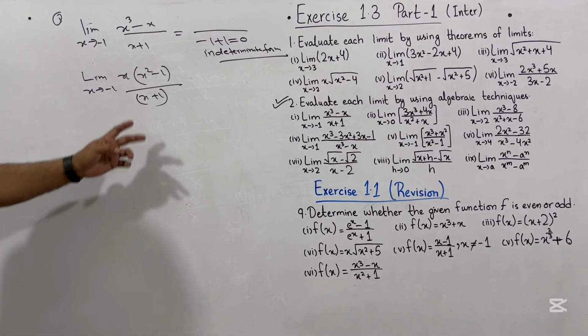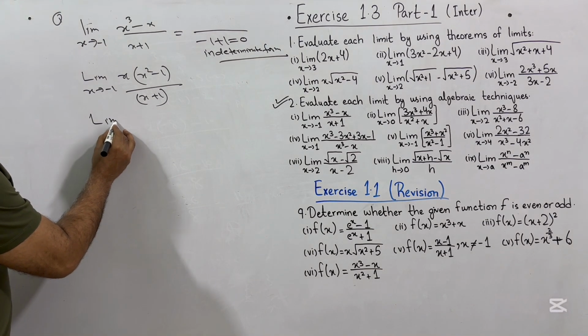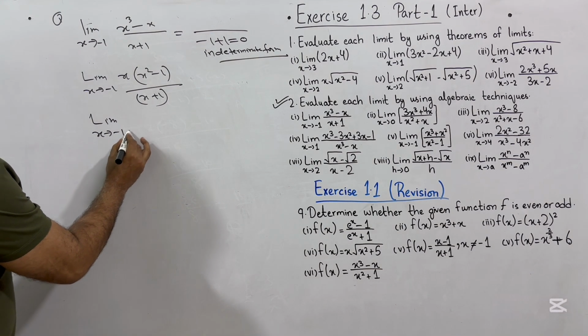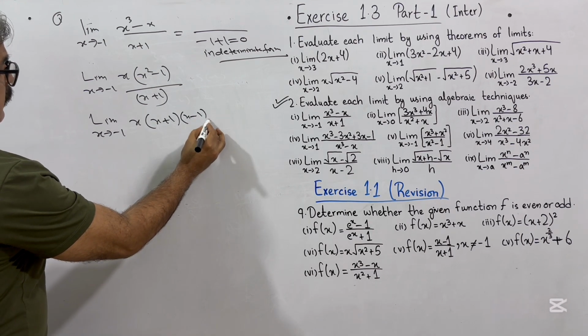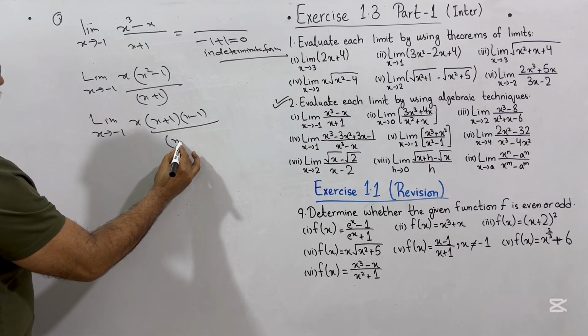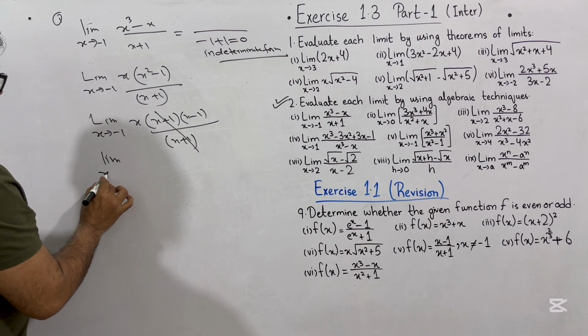Still x square minus 1, a suitable situation to apply the difference of two squares technique to factorize. Limit x tends to minus 1, it is x times x plus 1 times x minus 1. Factors of x square minus 1, there is x plus 1, cancelled out.